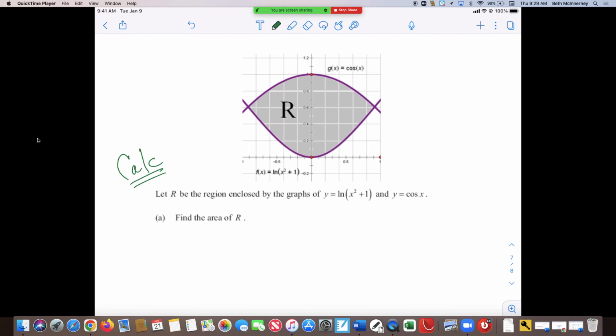The intersection point. So that's why we can use a calculator. Check your mode, check your mode, check your mode. Make sure you're in radian mode. Put these in and find those 2 points of intersection. So on a calculator active problem, one of the usages is to find those points of intersection and to look at graphs.